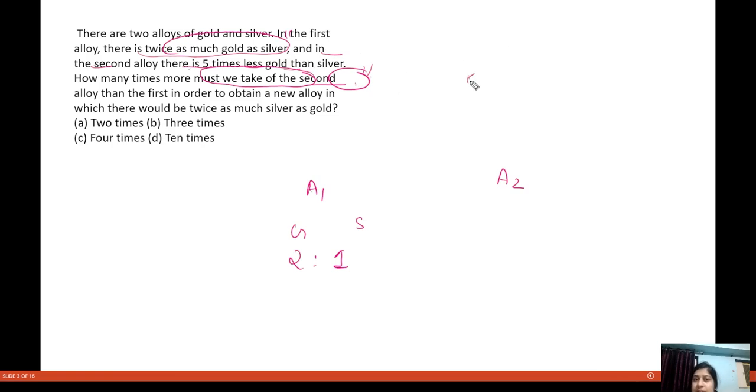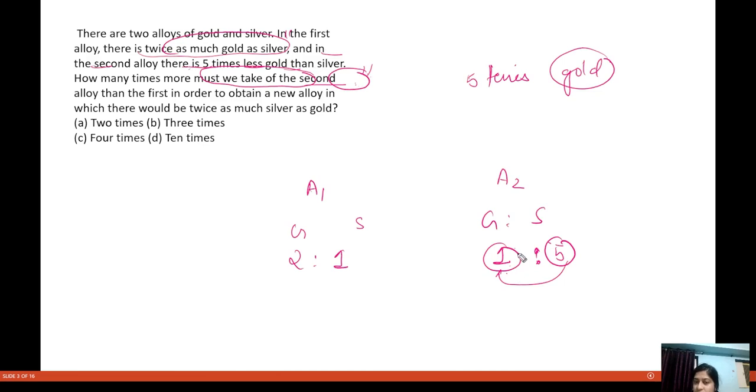Now, how do you represent 5 times less gold? Okay, so that means that if the gold is in 1, okay, then your silver will be in the ratio 5. So this is 5 times less or this is 5 times greater. Okay, so you can do this way.